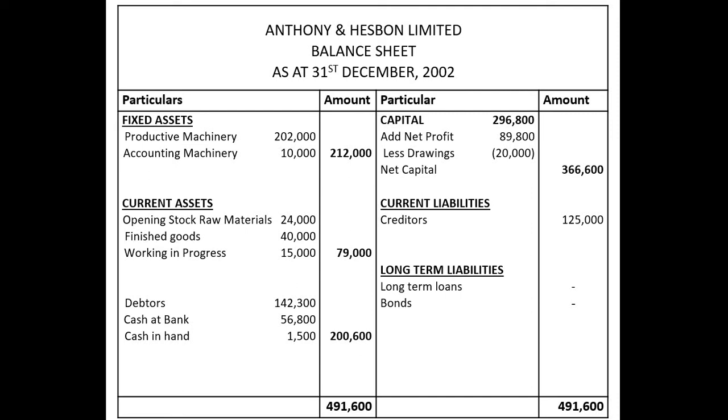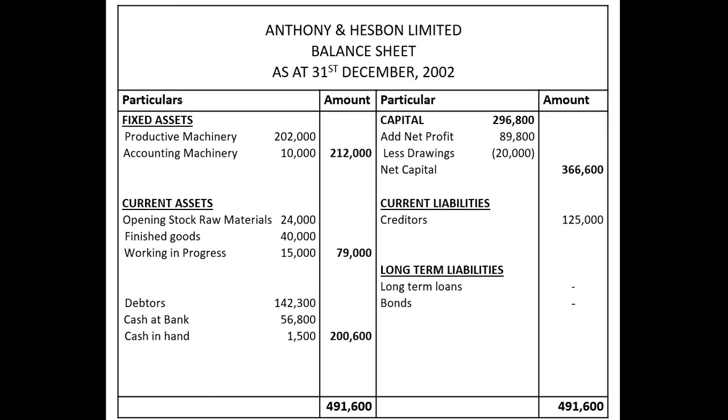Current assets are those types of assets that cannot last more than 1 year, and they include stock of raw material, which amounted to 24,000. We have finished goods, which amounted to 40,000. Work in progress, which amounted to 15,000.